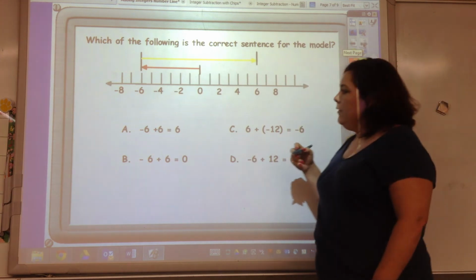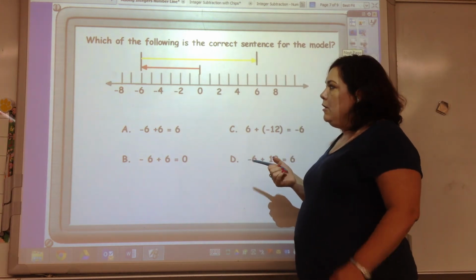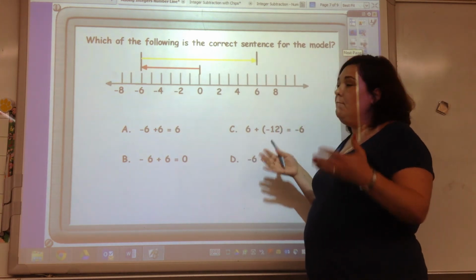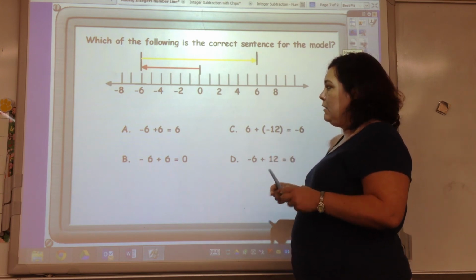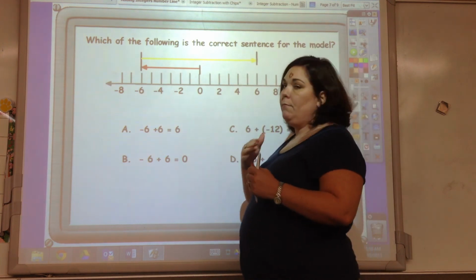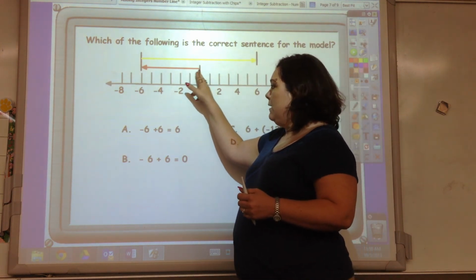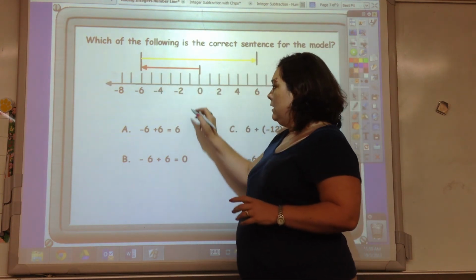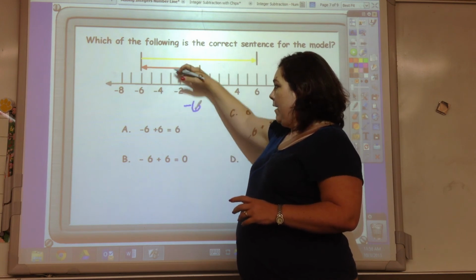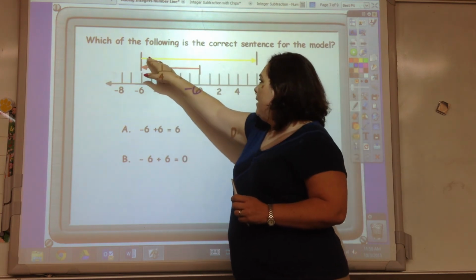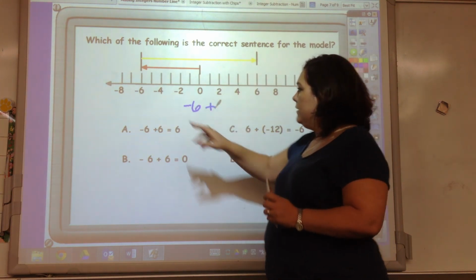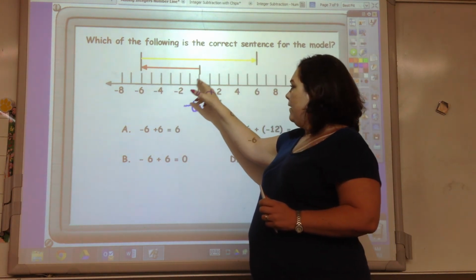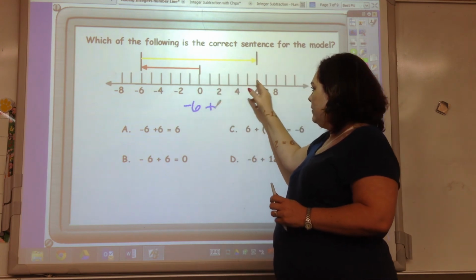So now we're going to look at a number line and picking out the sentence, or the equation, that matches it. So the first number in my equation is going to be -6 because it is on the bottom. And then top, I'm going positive, and I'm adding, and I'm going positive 1, 2, 3, 4, 5, 6, 7, 8, 9, 10, 11, 12.